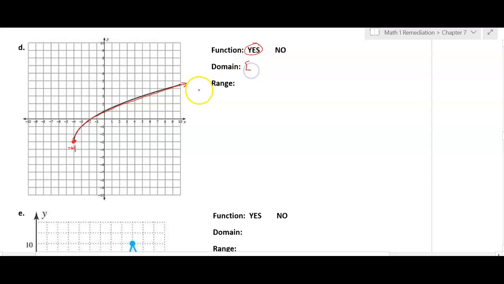So the domain would be -4 on the left, into +infinity on the right. The range, however, the lowest y value is -3, and that'll go up forever and ever, so the bottom would be -3, all the way up to +infinity. Okay?